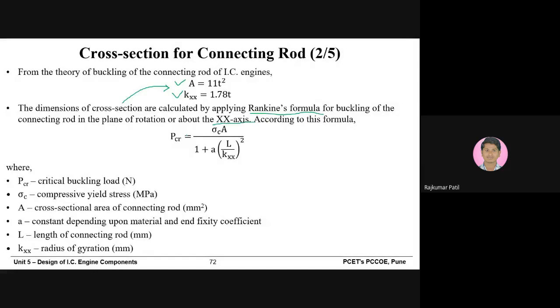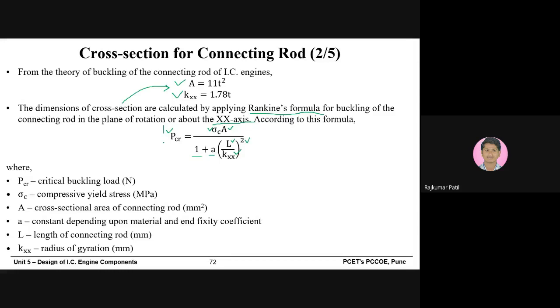According to this formula, PCR, that is critical buckling load, is equal to sigma C, compressive yield stress, into cross-sectional area of connecting rod divided by 1 plus A, where A is constant depending on the material used and end fixity coefficient, into length of connecting rod L divided by radius of gyration along x-axis plane, and its square.